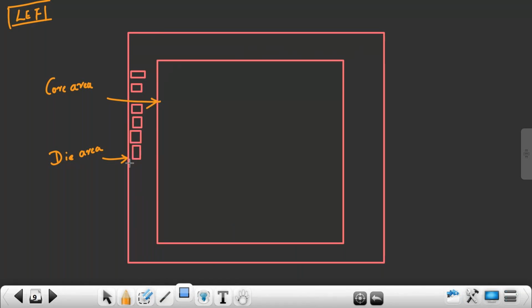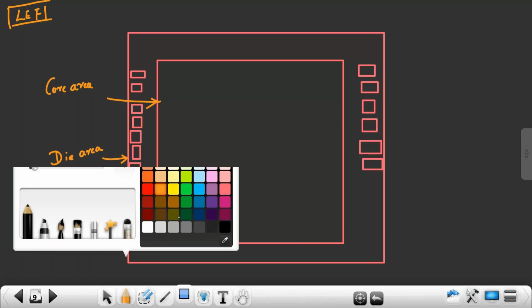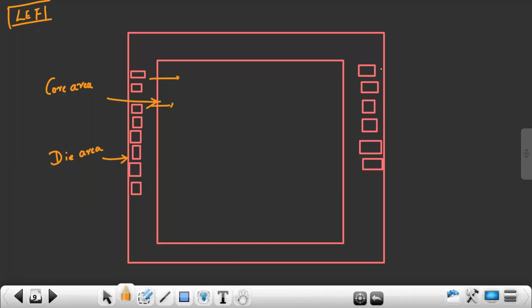These are pieces of metal layers. This is input and what is this? These are output. Through inputs, the signal will come inside. Through output, the signal will go outside. So place these ports.